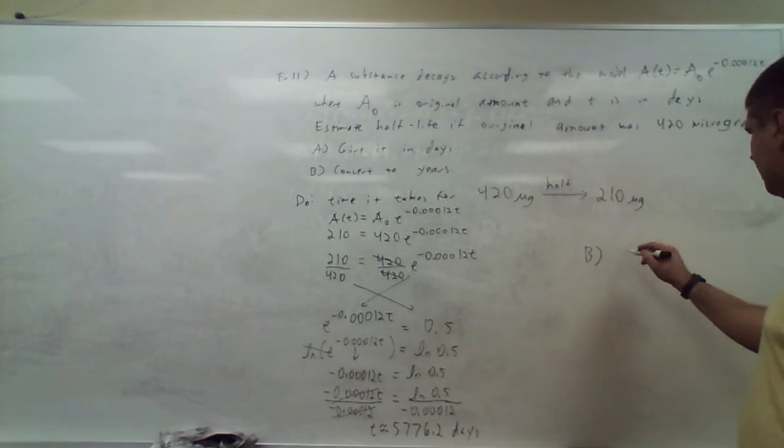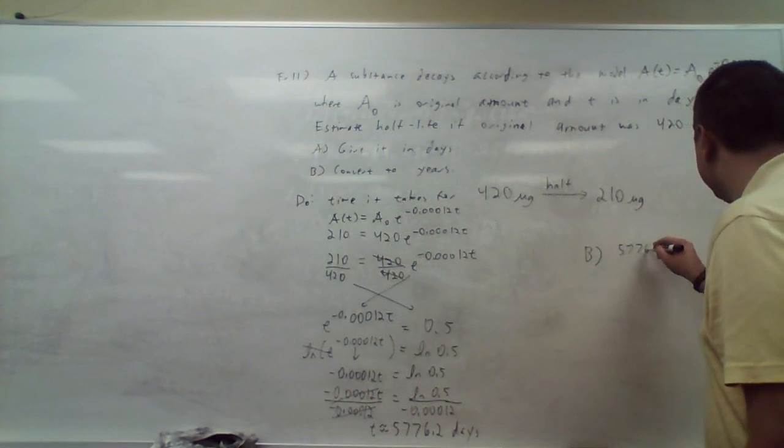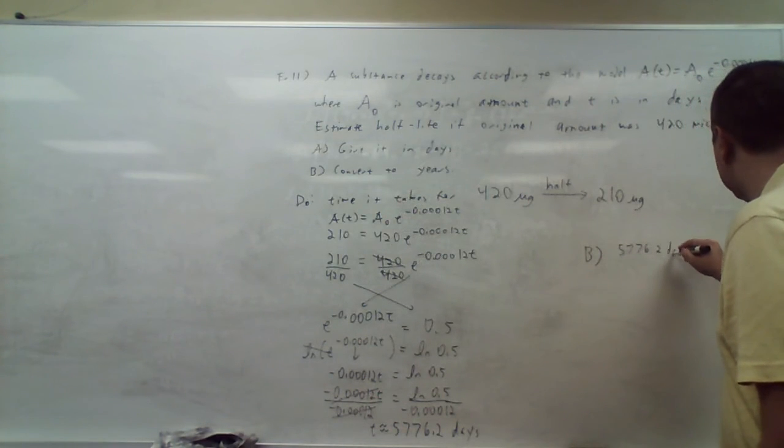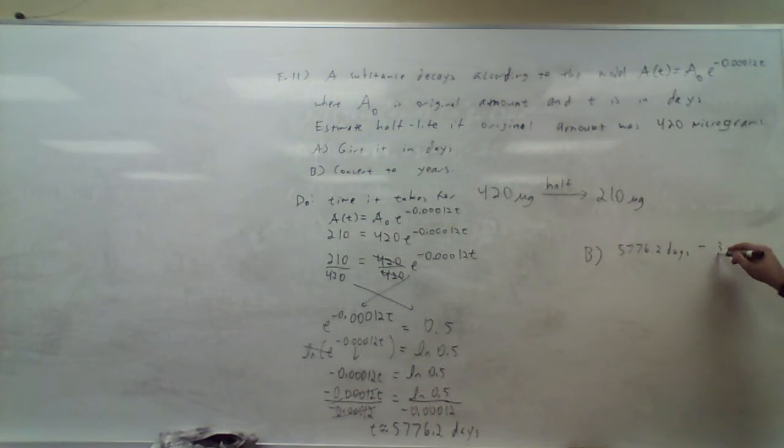Okay, so next I'm going to do part B. I'm going to take those 5776.2 days and divide it by the 365 days in a year. So I'm going to be taking these and grouping them into clusters of 365 days.